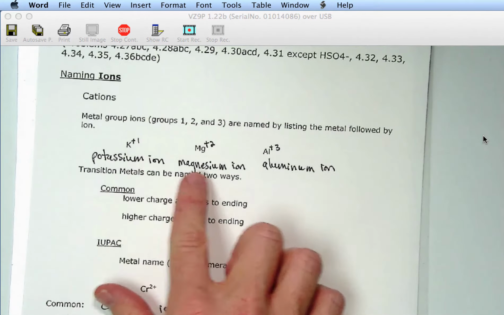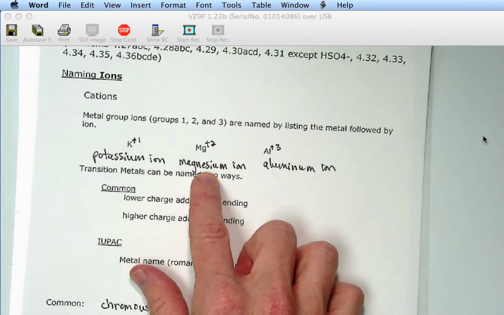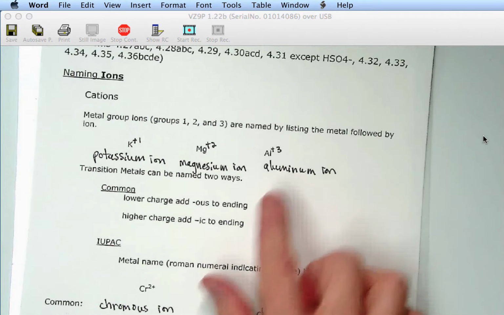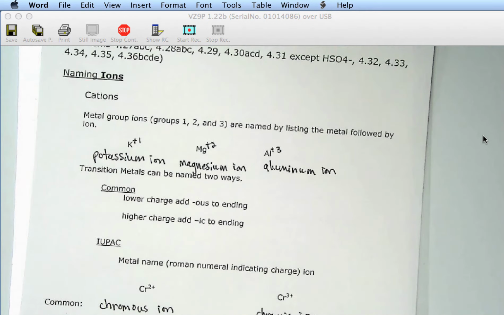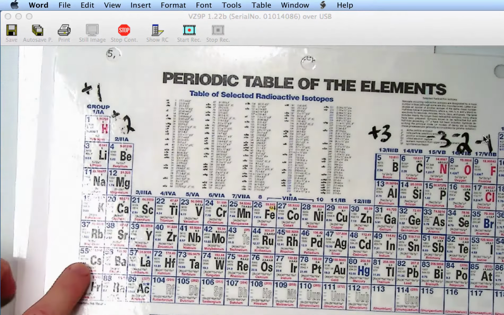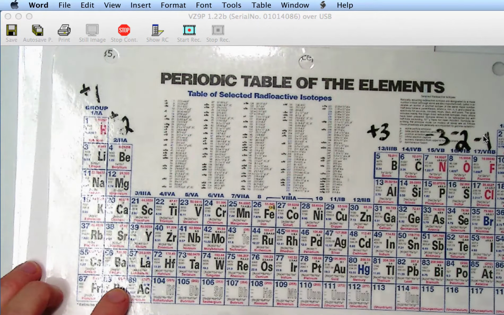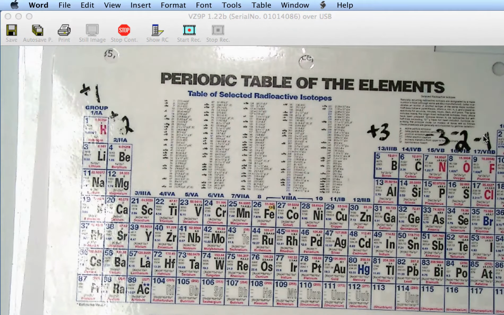It doesn't have to be potassium(I) ion, magnesium(II) ion, aluminum(III) ion, because they always form the same charge. Group 1 will all have +1. Group 2 will all have +2. It's these transition metals that can change. They could be a +2, they could be +4, and so you need to state that clearly.